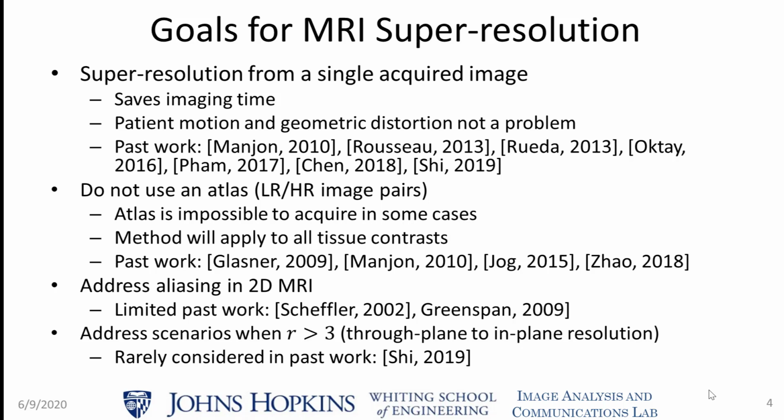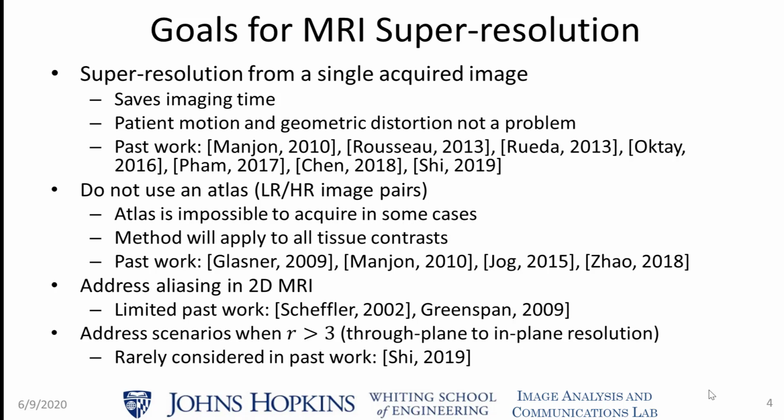As well, atlases tend to be acquired with a limited range of tissue contrasts. So if one wants to do super resolution on a different tissue contrast that might be new, for example, on the scanner, your atlas and therefore your trained super resolution method won't apply. So we would like to do it without atlases.